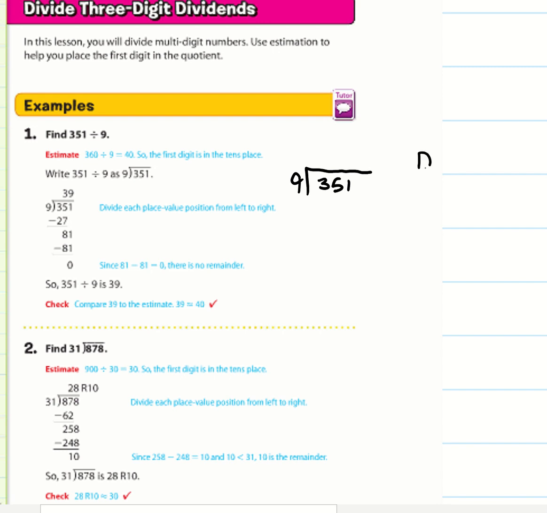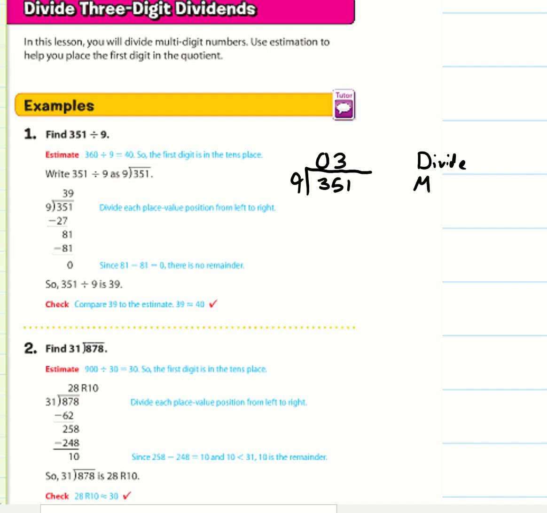The first step is to divide, so I want you to write this down. 9 divided into 3: we cannot do that, so that's going to be 0. I have to make sure my 0 goes above the 3 because that's the one I'm working with. 9 can divide into 35, 3 times, and my 3 is going to go above my 5.